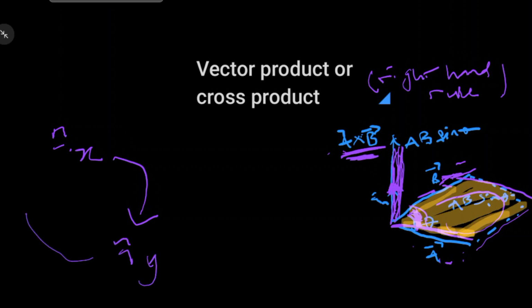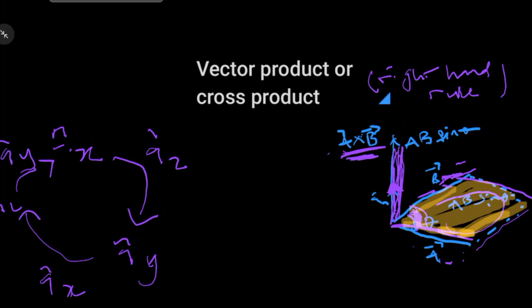I'll have an arrow pointing to az. I'll have an arrow pointing back to x. So let's have our az here, our ax here, and our ay here.